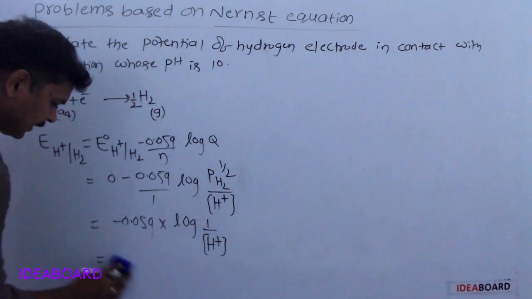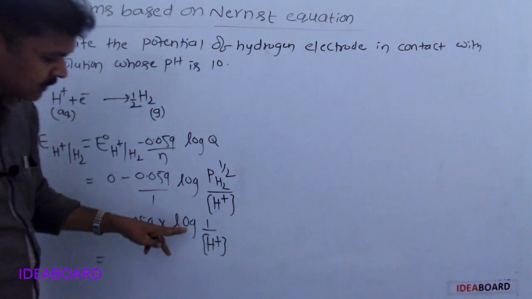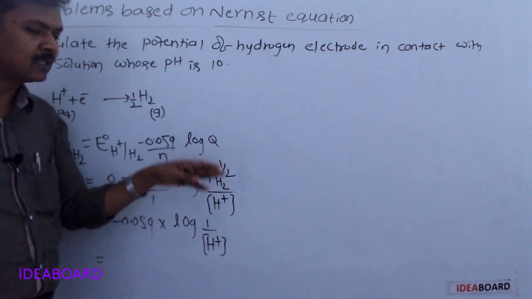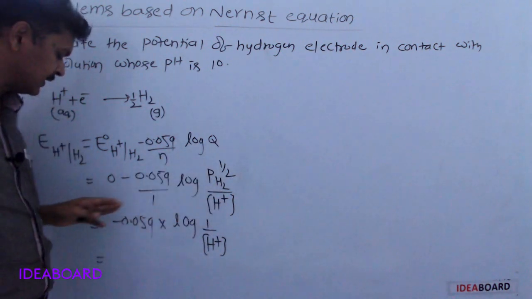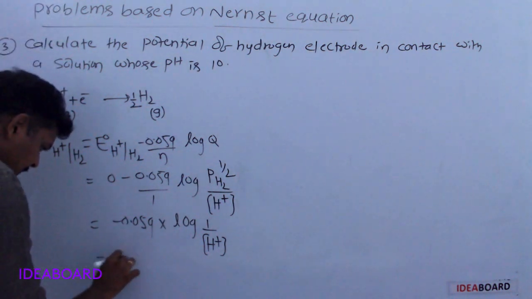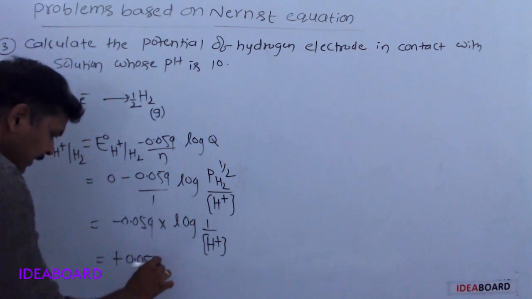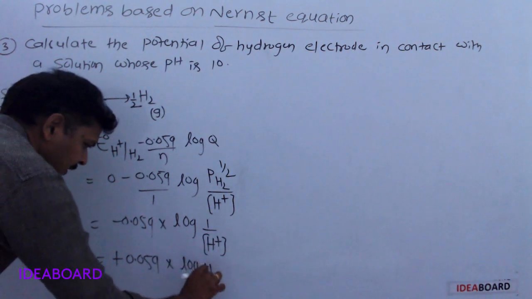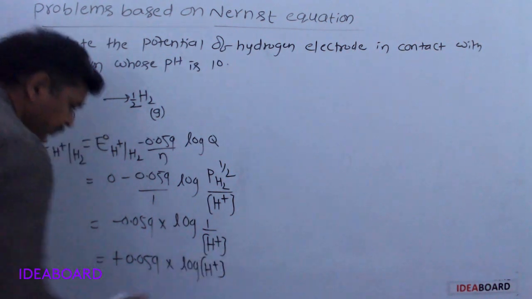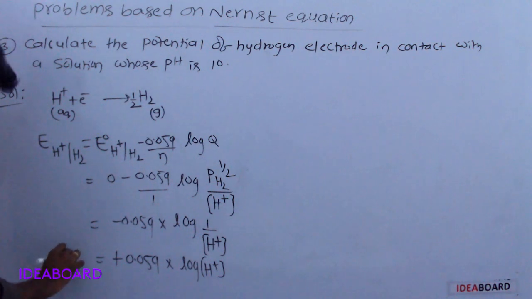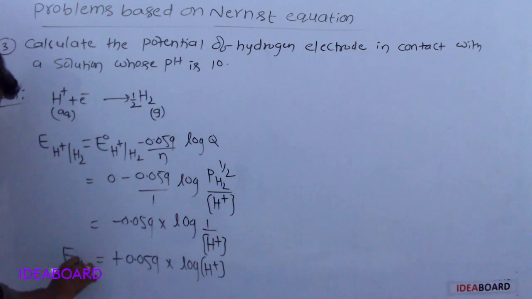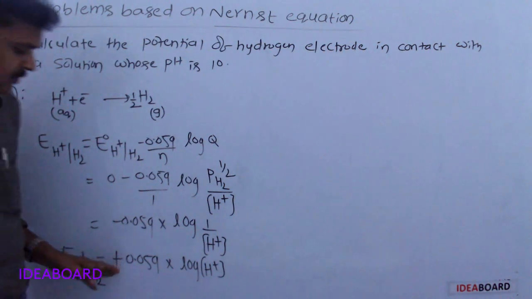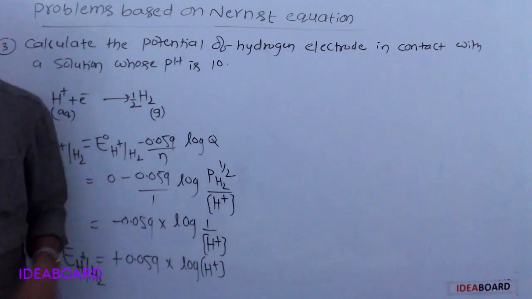Instead of log 1 by H plus ion concentration, we can write log of H plus ion concentration power minus 1. That minus into minus becomes plus 0.059 into log of H plus ion concentration. So the electrode potential of the hydrogen electrode, that is the reduction potential, is equal to plus 0.059 into log of H plus ion concentration.